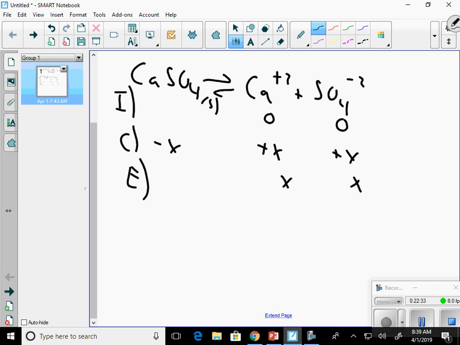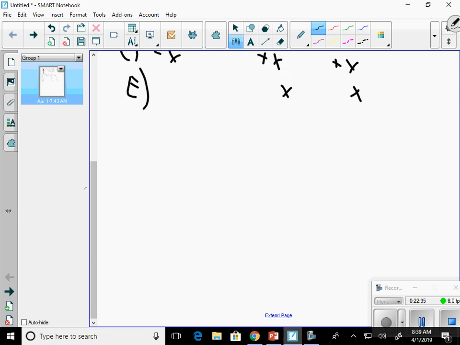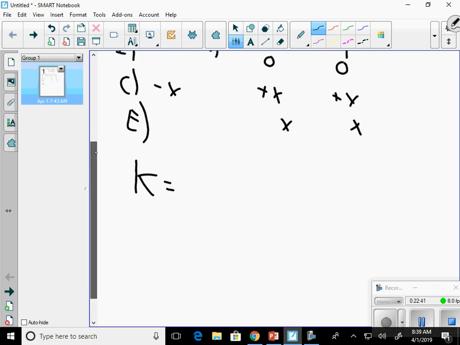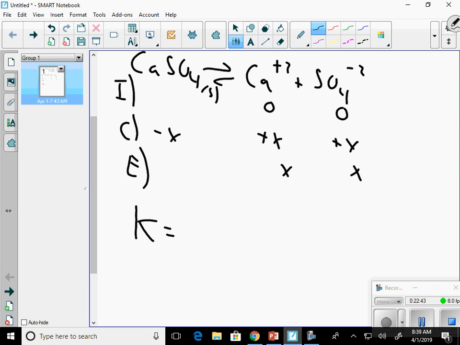The reason why I'm reminding you of this is whenever you solve for K, it's products over reactants. However, we've already established we don't have to go over reactant because that's a solid. So I just have to do the products, X times X. So when I solve for my KSP, it's going to be X times X.